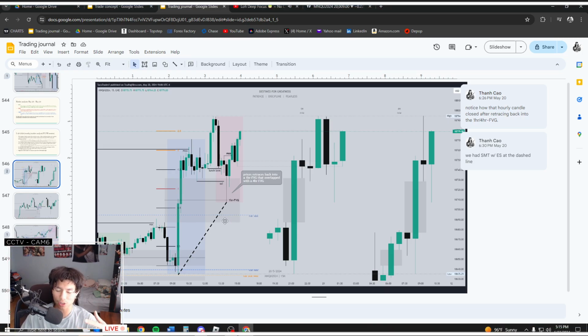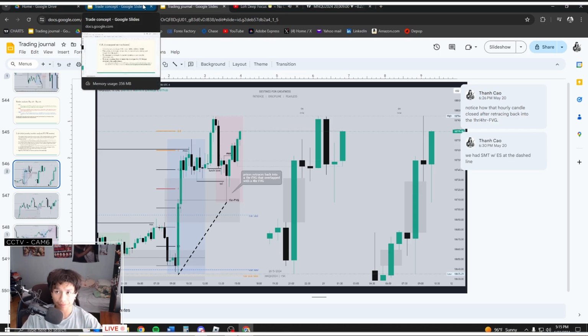That means we might not be as strong as we thought we are, and we might continue lower. So it allows us to gauge the strength of whatever we're trading, and whenever we get a reaction to the consequent encroachment, that shows there's accuracy, strength, and it also shows that there is an algorithm in the markets.